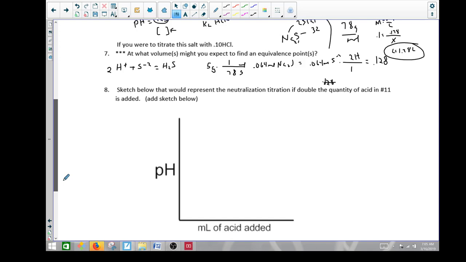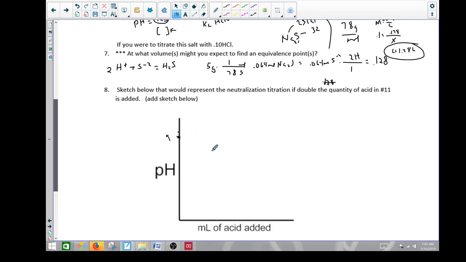The question is a little bit iffy as far as what they want here. But when you titrate, we're going to start out basic, because Na2S is basic, not super basic, just a weak base, somewhere around 9, let's say.